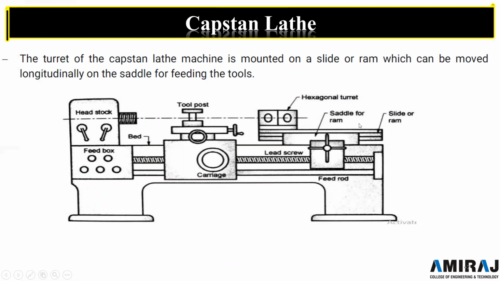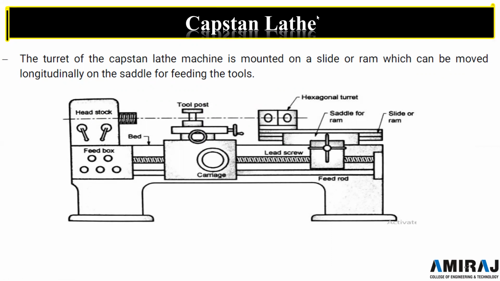Here there is one hexagonal turret which is mounted instead of the tailstock. There is no tailstock, but there is one hexagonal turret. It can hold multiple tools, so that a number of operations can be done with this capstan lathe.